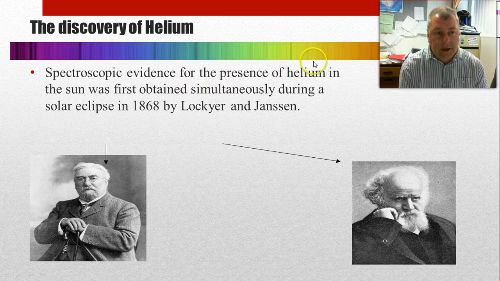And in the yellow area there was one line that was unexplained by all the known elements, and these guys concluded it must be an element that is not known.